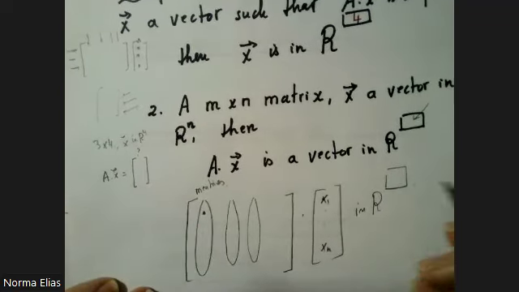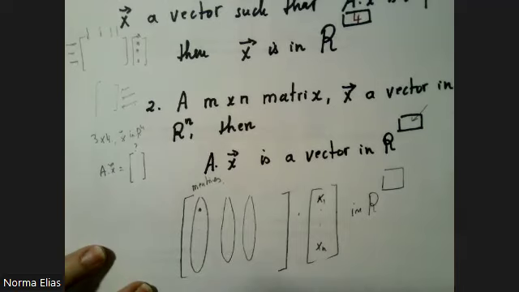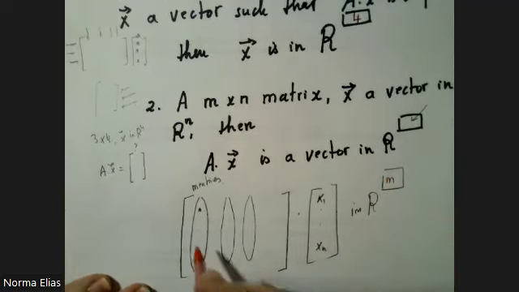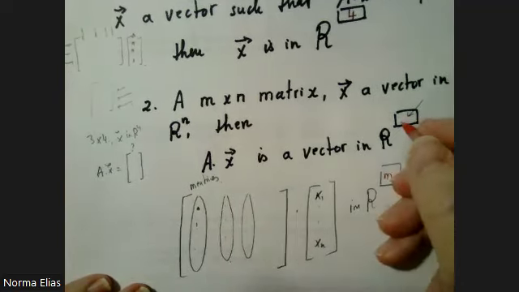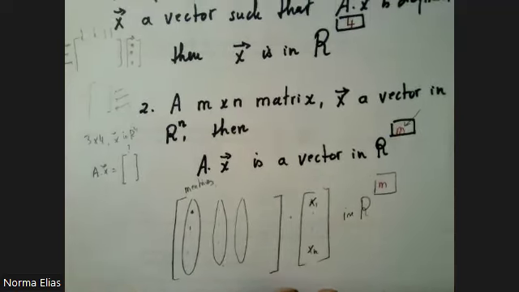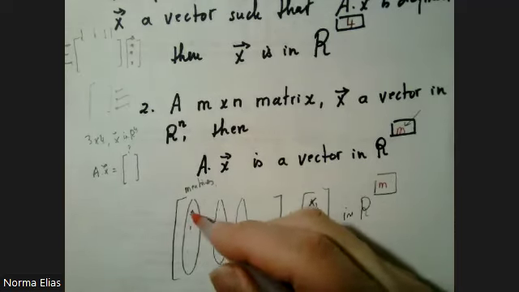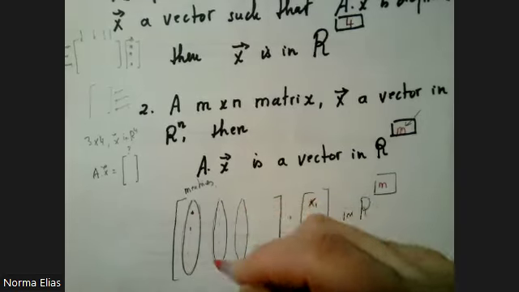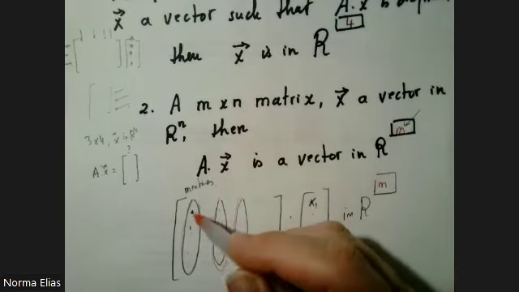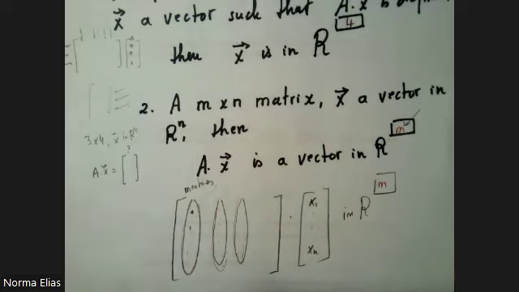What shall I write here? N or M? Absolutely M. Because this has M, I'm adding to this one M, and this is going to be M entries. So when you are multiplying a matrix by a vector, we first get a vector, and because you're taking a linear combination of the columns, you will have the same number of entries as you have in the column.